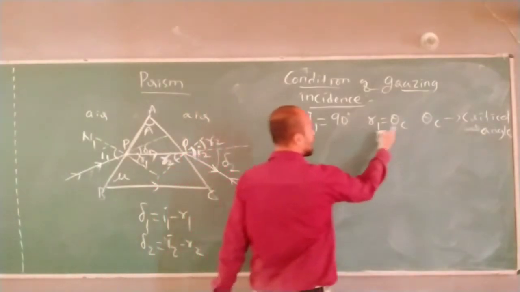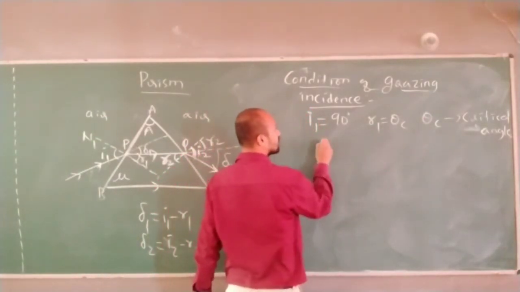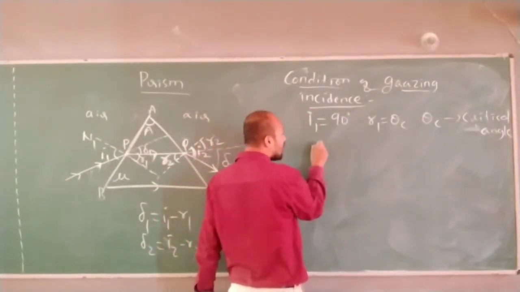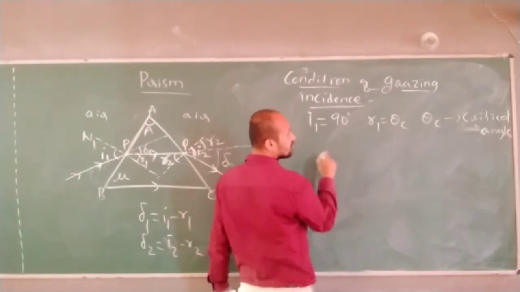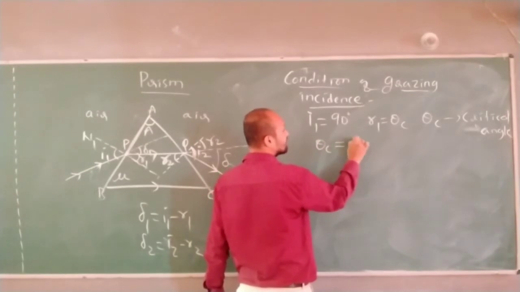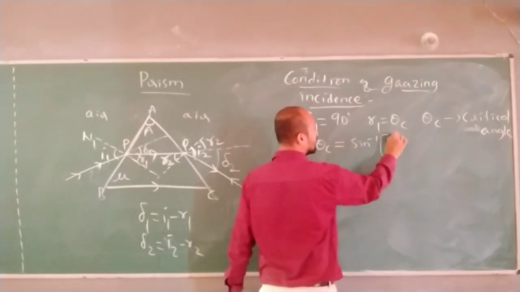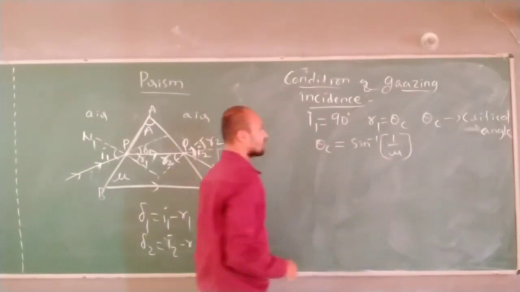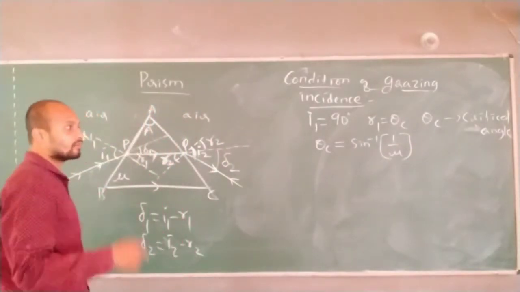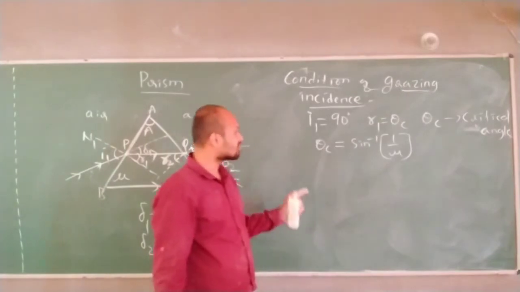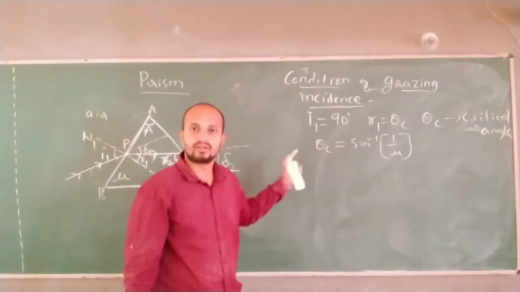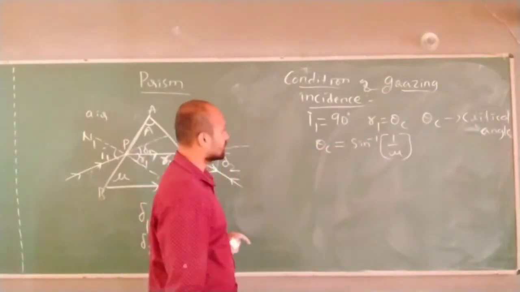And when R1 becomes theta C, what is another definition I can write? We know theta C is equal to sine inverse of 1 by mu. The critical angle formula: sine theta C is equal to 1 by mu, so theta C is equal to sine inverse of 1 by mu.